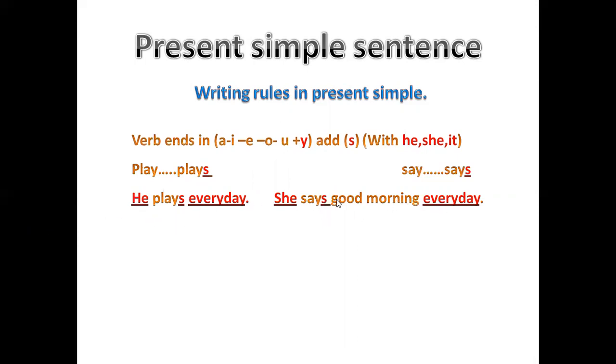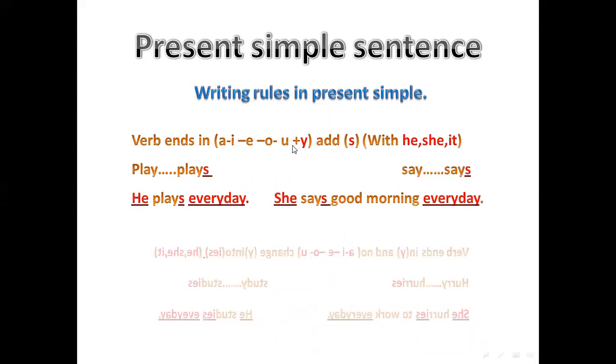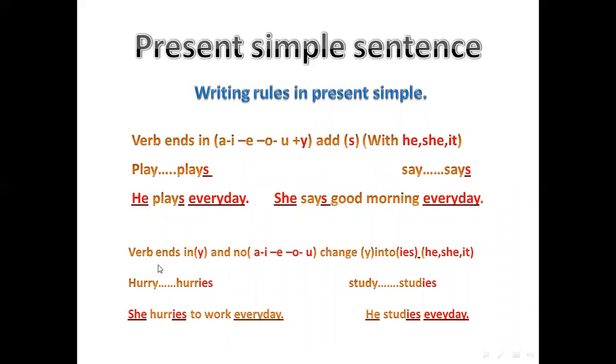Here we put s, we didn't change y to ies because we have a, e, i, o, or u before the final y. But if the verb ends in Y and there is no A, E, I, O, U, I mean you have a consonant letter, you change Y into IES if the subject is he or she or it.